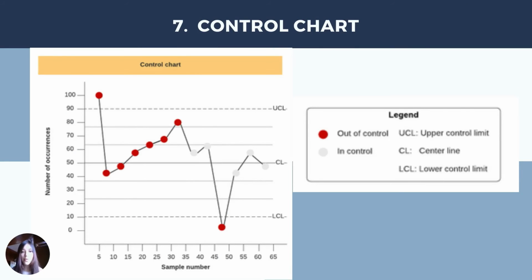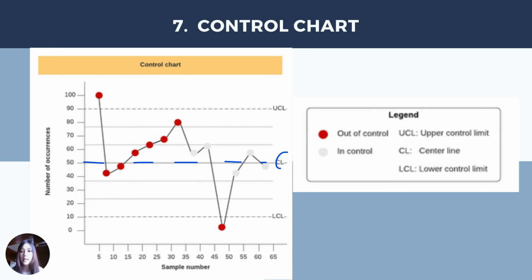And then we move to the last one, the control chart. This quality improvement tool can help quality assurance professionals to determine whether or not a process is stable and predictable, making it easy for you to identify factors that might lead to variations or defects. The control chart uses a central line to depict an average or mean.